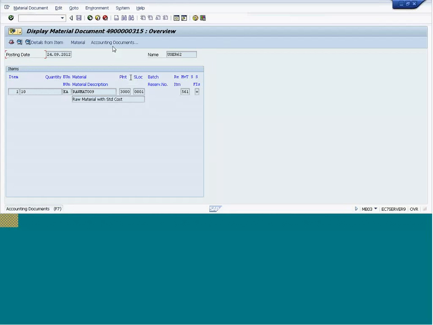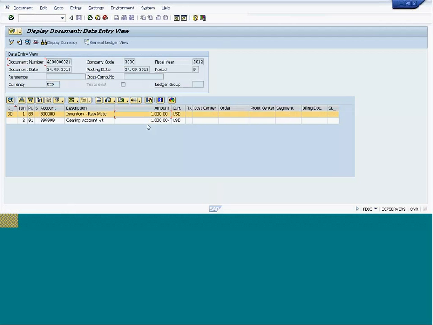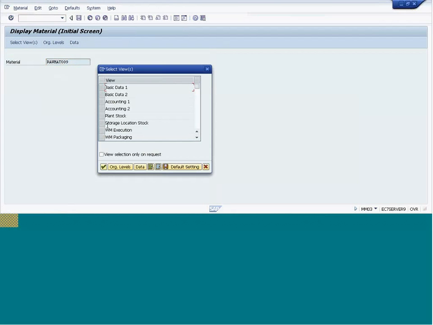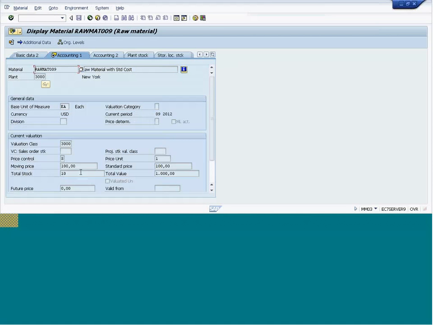So there is a material document which is posted. That's fine. Everything is good. Inventory is increased and your contra entry. And going to MM03 for the raw material 9, and then you have again here 3,000. So now this is $100. Sorry, SC is $100. So that's evaluated here.